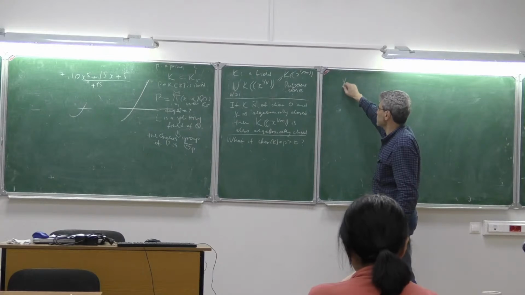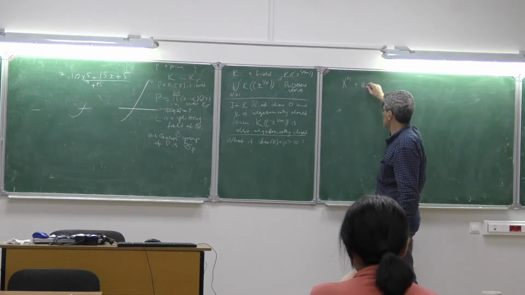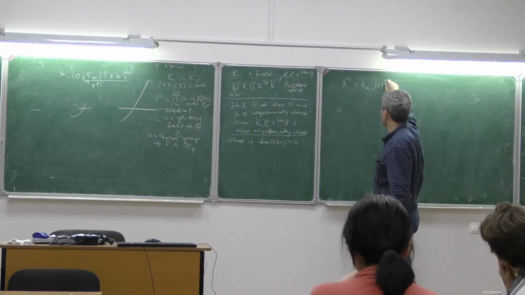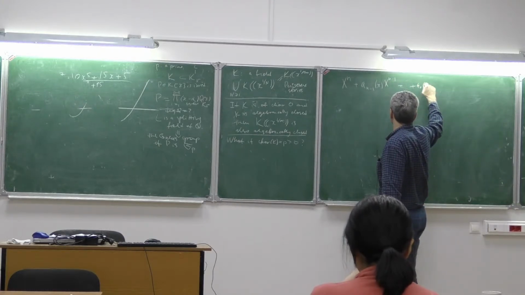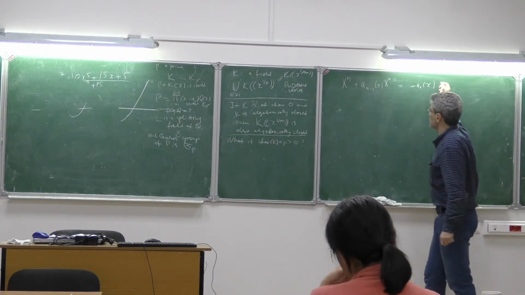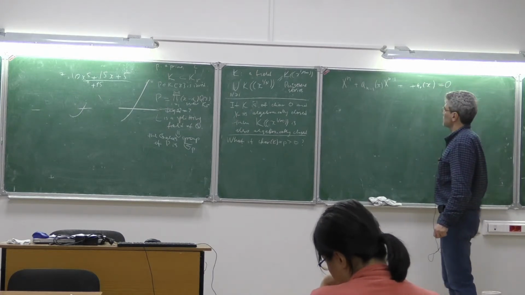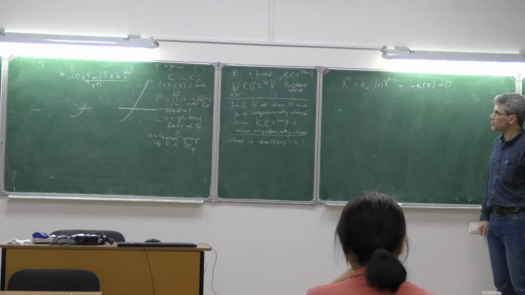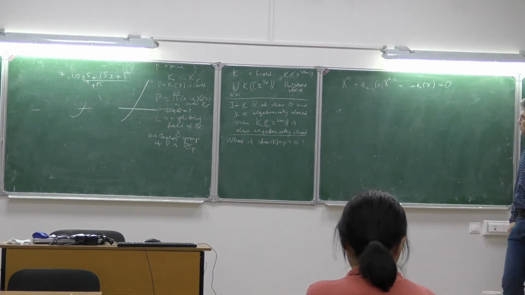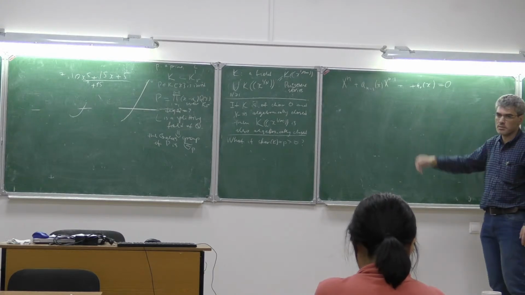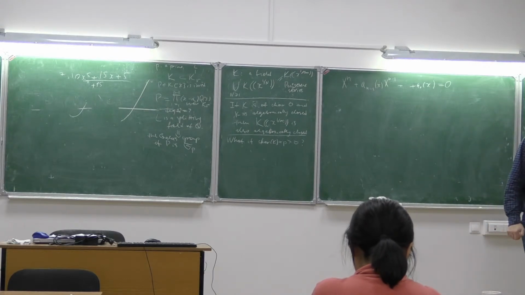So, for instance, if you take x^n + a_{n-1}(x) x^{n-1} + ... + a_0(x), how could you start to prove that this equation has a solution?